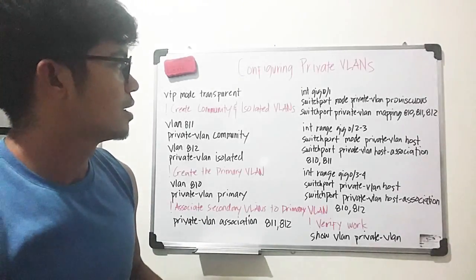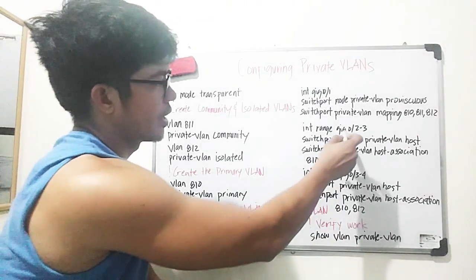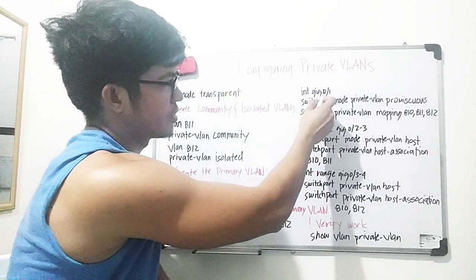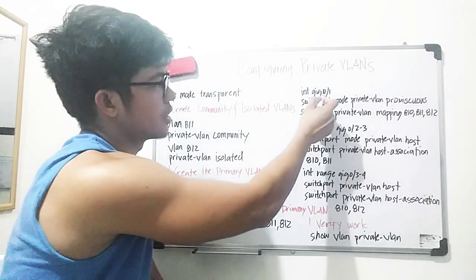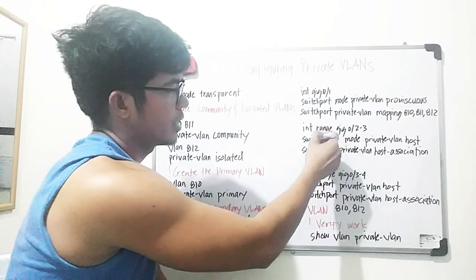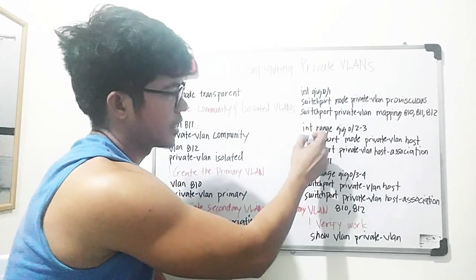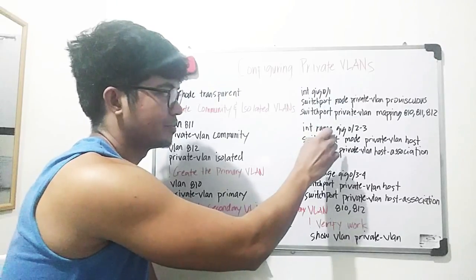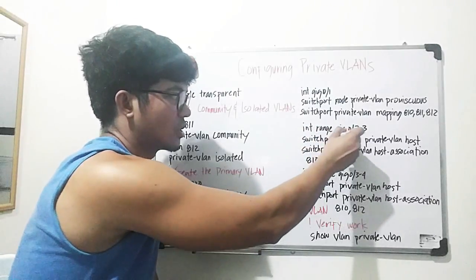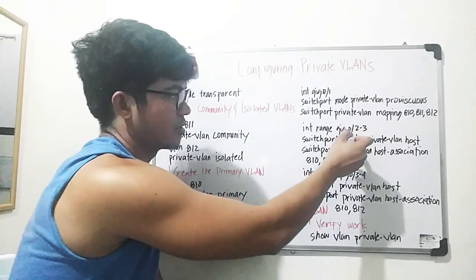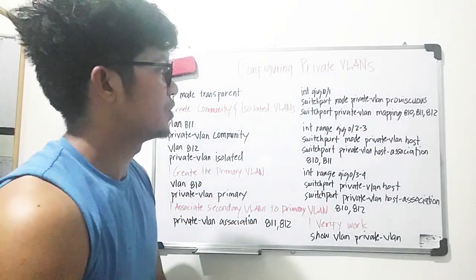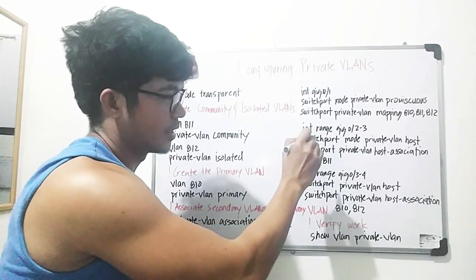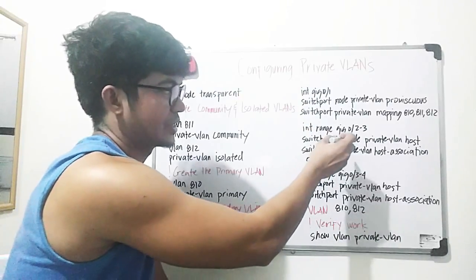In this case, I have this particular port. By the way, the port here is, of course, as you can see, gig 0/1. And here, what I did was I'm actually using interface range gig 0/2-3, just to configure two ports at the same time.